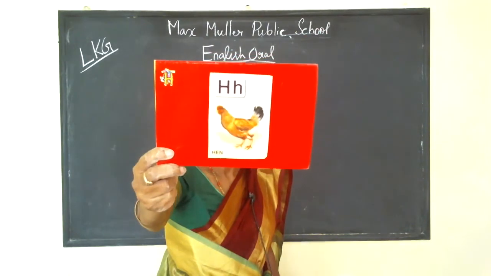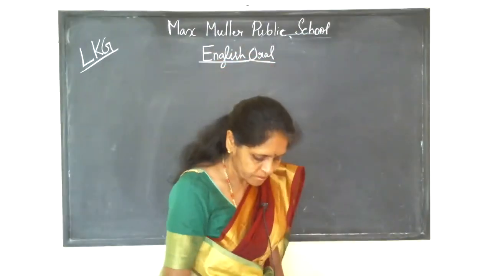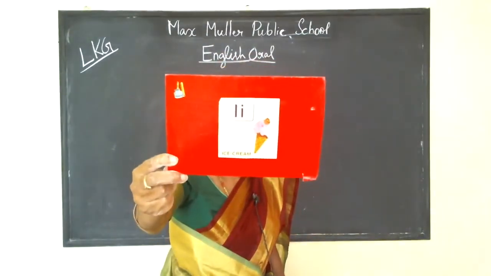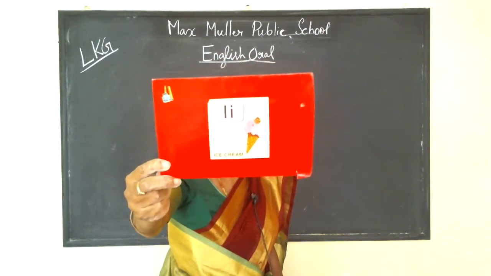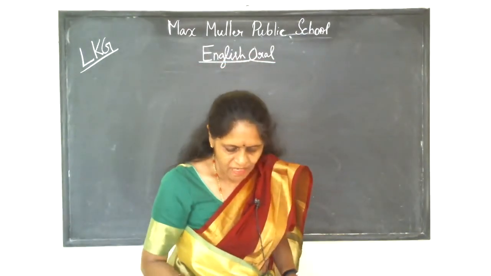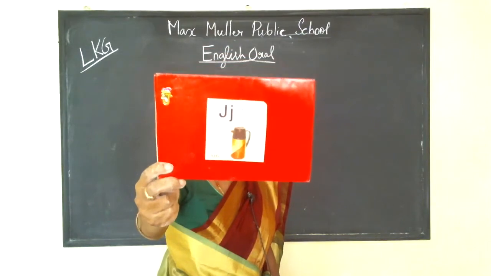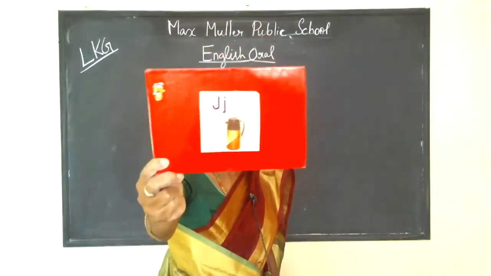H for hen. Next. Capital I, small i. I for ice cream. Next. J. Capital J, small j. J for jug.